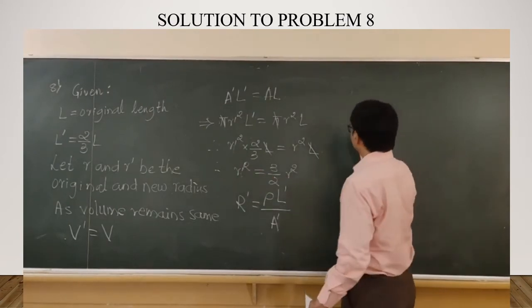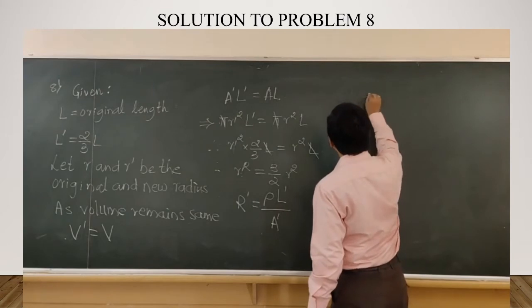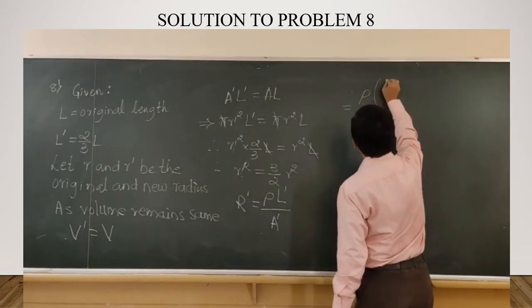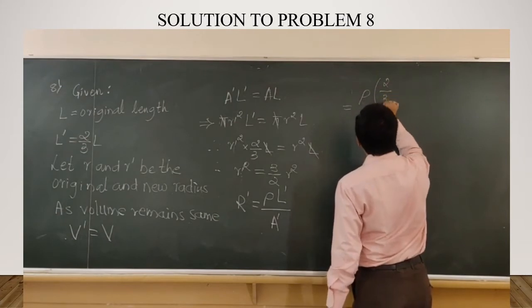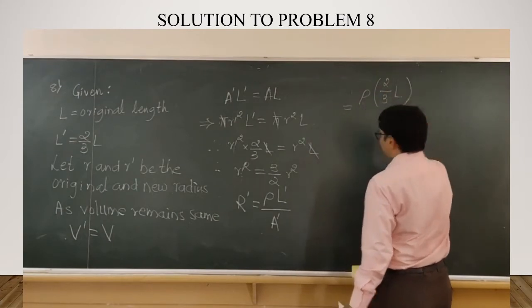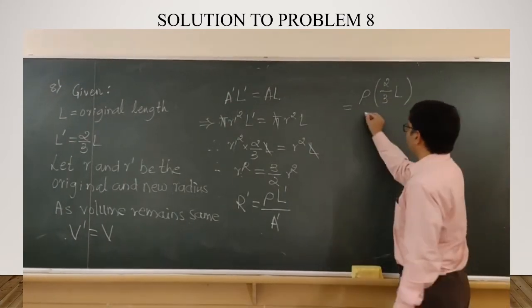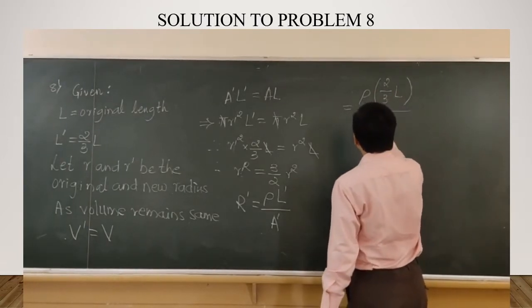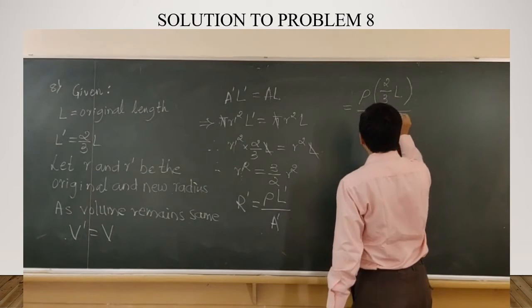So this is equal to rho into L dash, which is 2 by 3 times of L, divided by A dash, which is pi into R dash square.